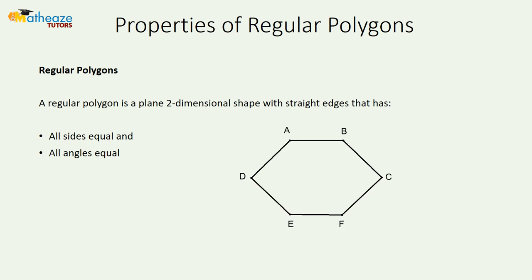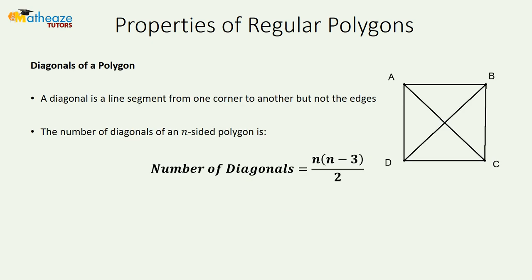Just as a review, a regular polygon is one that has equal sides and equal angles. For us to find the number of diagonals of a polygon, we need to first identify what a diagonal is.